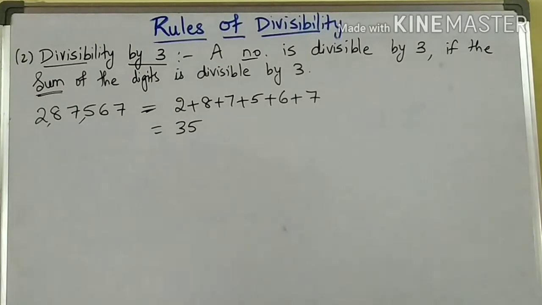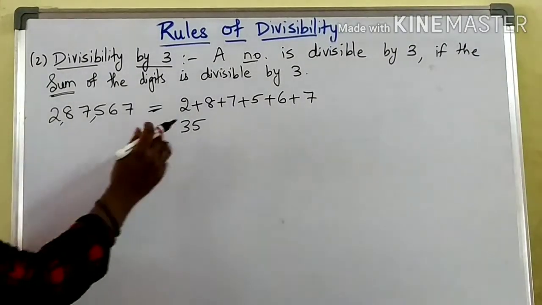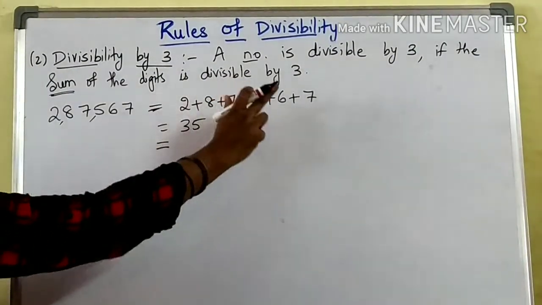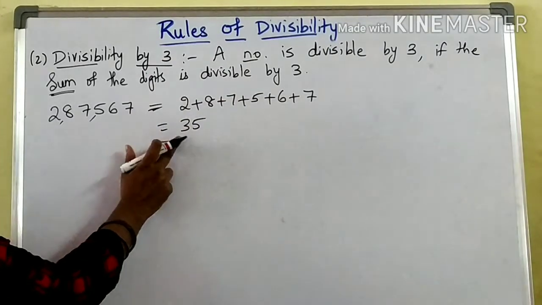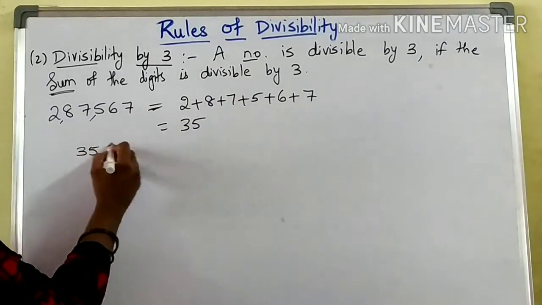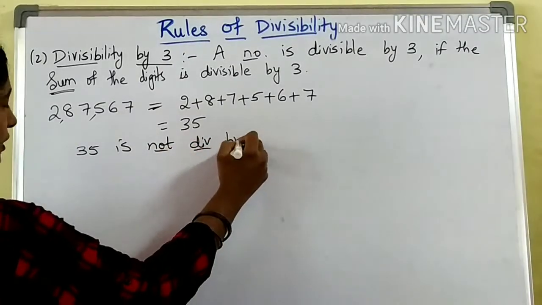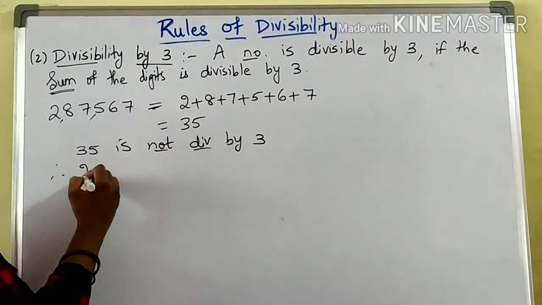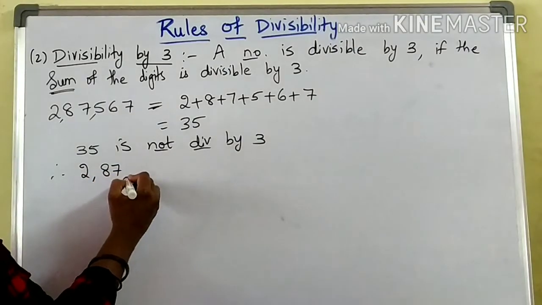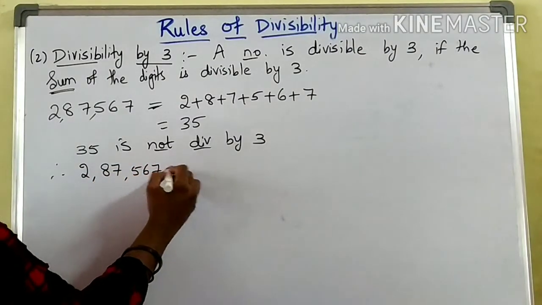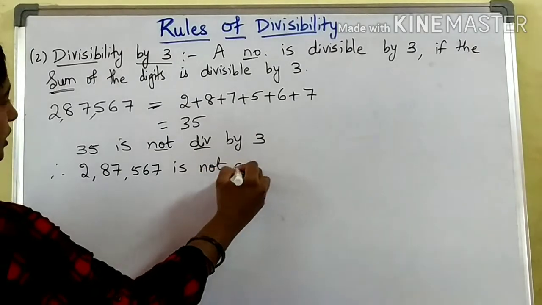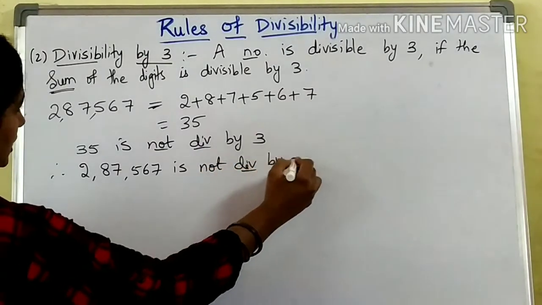Now 35 is not divisible by 3, or 35 is not a multiple of 3. Therefore, I can say that 2,87,567 is not divisible by 3, right?